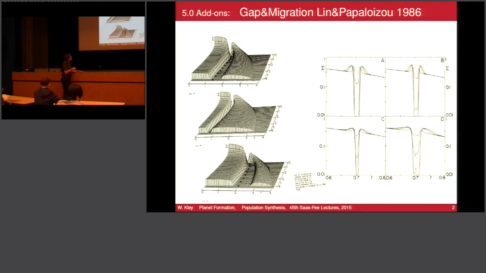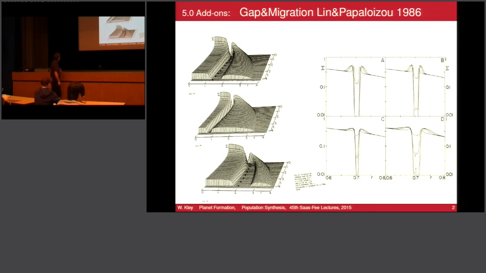So here, for different parameters that I can't recall now, you see gap formation in these disks created by Jupiter-type planets. So it looks very similar to what we see in 2D simulations, in fact, as well. And this is migration now for different parameters here. Time goes from here to here. Okay. This is radius for Jupiter-type planets here and different parameters.